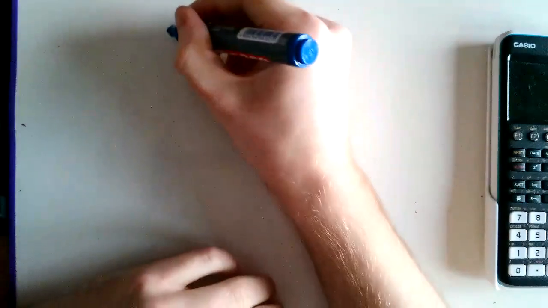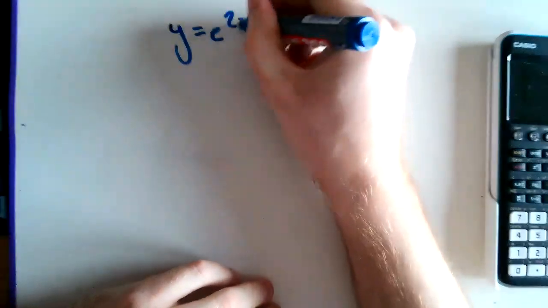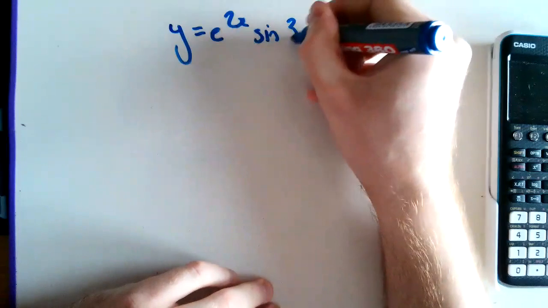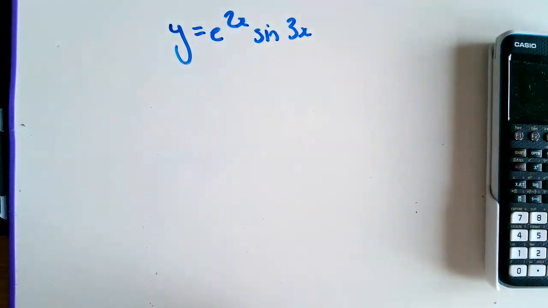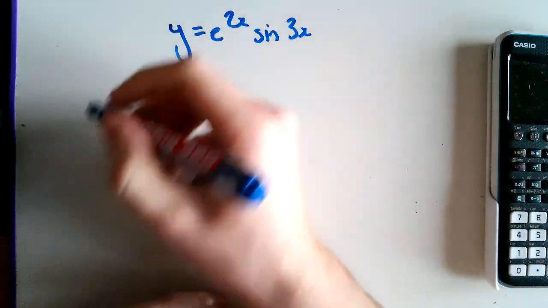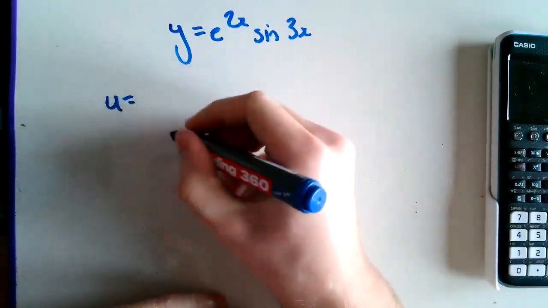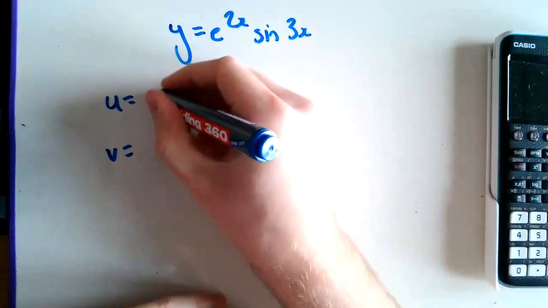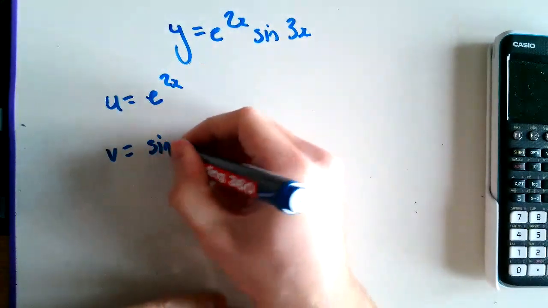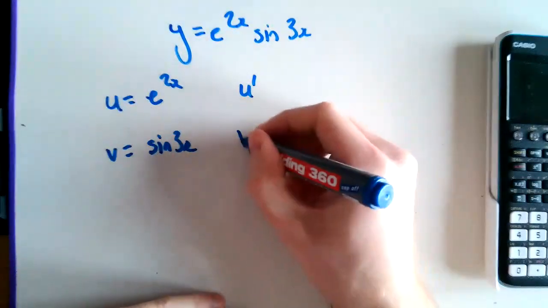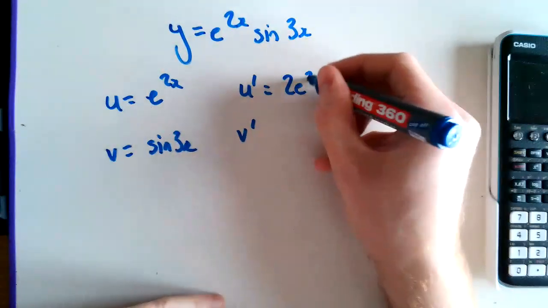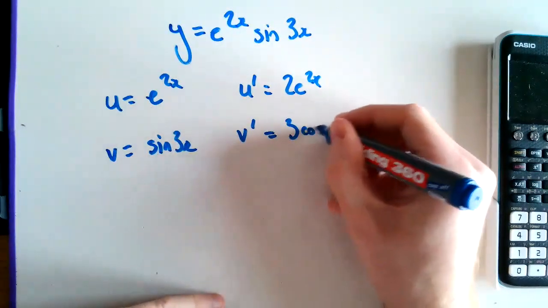Okay, second one. We have y equals e to the 2x sine 3x. We want to find the exact gradient, in terms of e and pi, so that's what exact means, of the curve when x equals 2 pi. So gradient means we differentiate. I need a u and a v because it's a product. e to the 2x and sine 3x, differentiate them both: 2e to the 2x and 3 cos 3x.